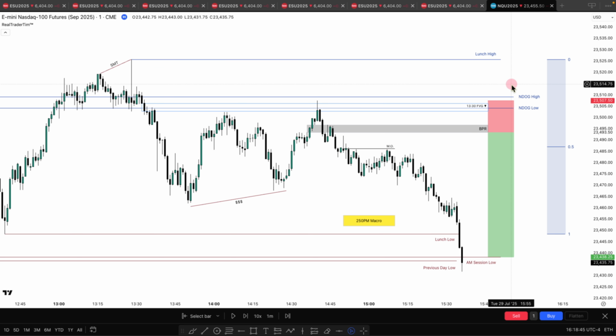So all these levels that we're talking about here, lunch high, lunch low, AM session low, AM session high, all session highs and lows, as well as the new day opening gap, the first presentation fair value gap, so the 9:30 fair value gap, the 1:30 fair value gap, the midnight fair value gap, which of course is the first fair value gap after midnight open, after 12 a.m. Eastern time. These are all plotted with the indicator for you on a daily basis.